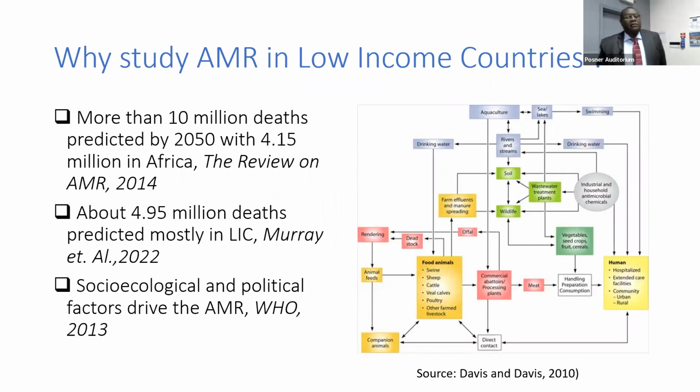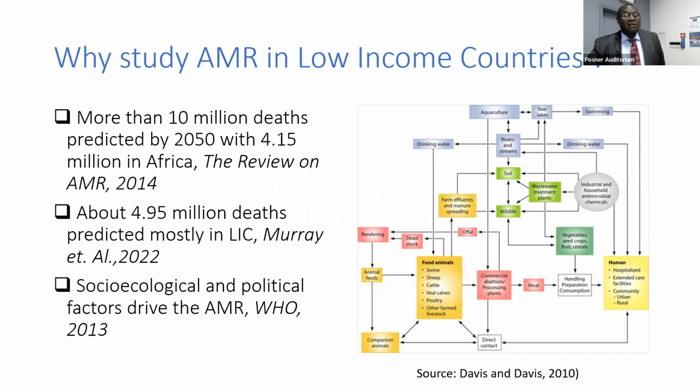So why talk about AMR in low-income countries? We've seen some predictions. People have said that the future in developing countries will be catastrophic. AMR may kill a lot of people.